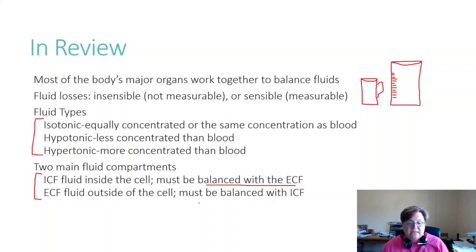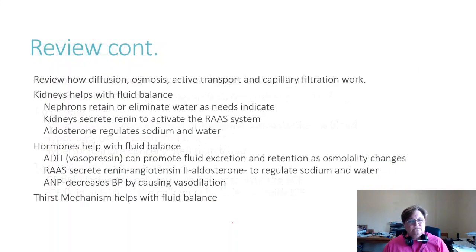And again, it must be balanced with the ICF. And our bodies will always strive to reach that balance. Be sure you know how diffusion, osmosis, active transport, and capillary filtration work. Review how the kidney helps with fluid balance, how our hormones help, and how our thirst mechanism helps.